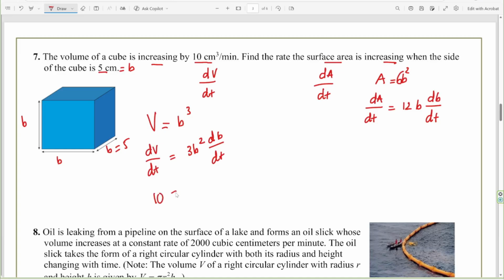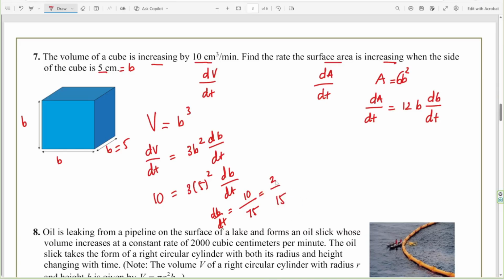So we have 10 equals 3 times 5 squared times dB over dt. Then dB over dt equals 10 divided by 75. If you simplify, it's going to be 2 over 15.